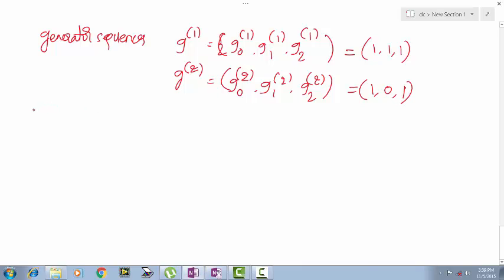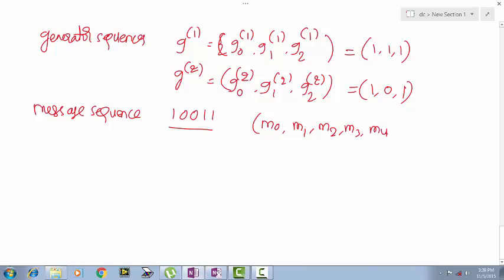Now let us consider a message vector or message sequence 1 0 0 1 1, that is m0, m1, m2, m3, m4. Here in this case L equal to 5, so we are having 5 message bits, and the length of the two generator sequences is 3.